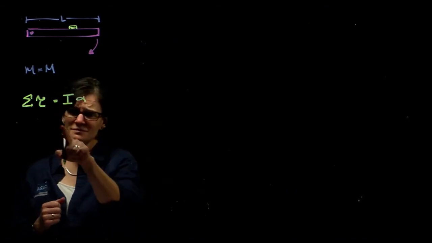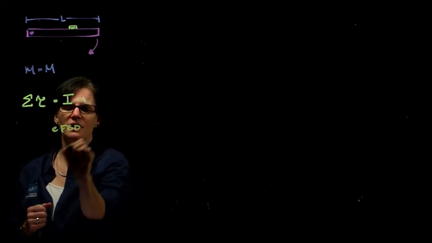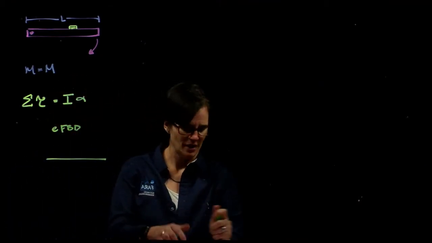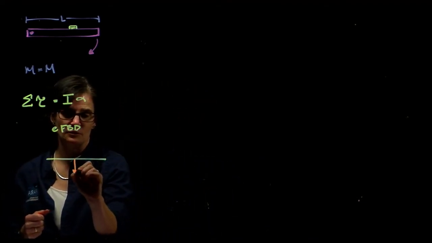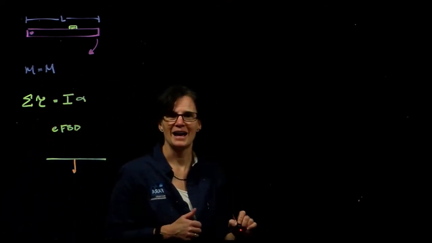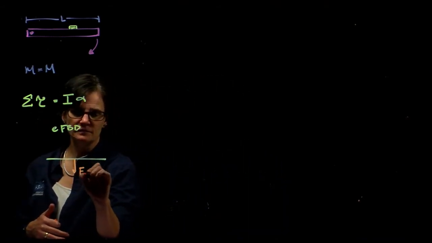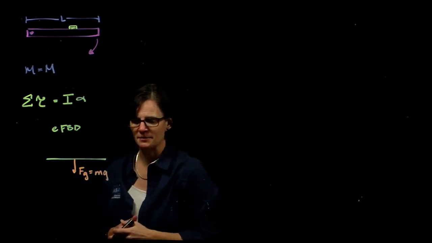To find the net torque, we want to draw an extended free body diagram of the rod. So here's the rod, and we'll draw the forces acting on it. There's a force of gravity between the rod and the earth, acting at the geometric center since the rod is uniformly distributed, and it equals mg, the mass of the rod times gravity.